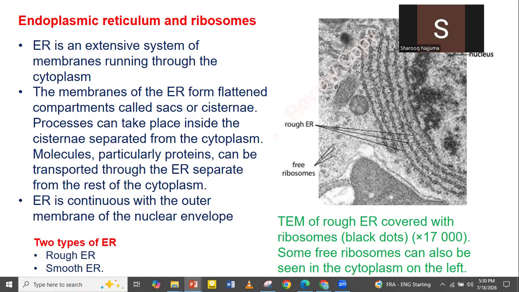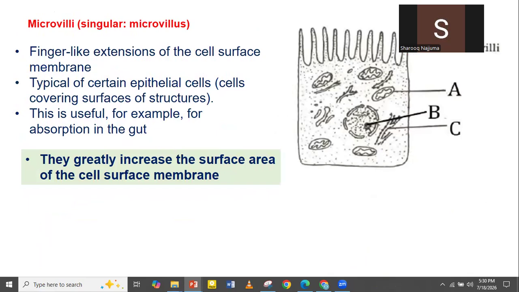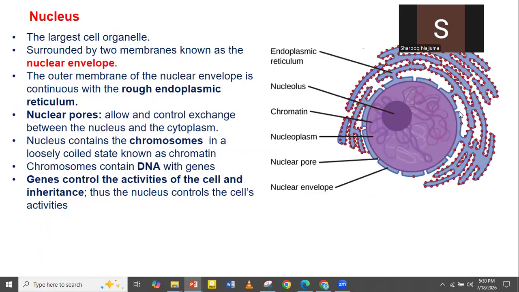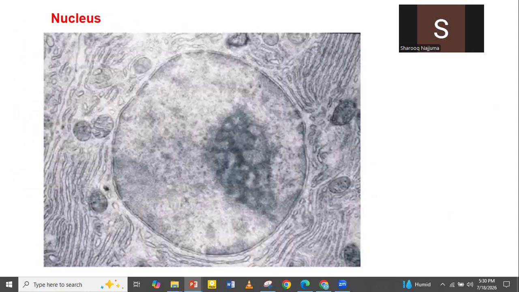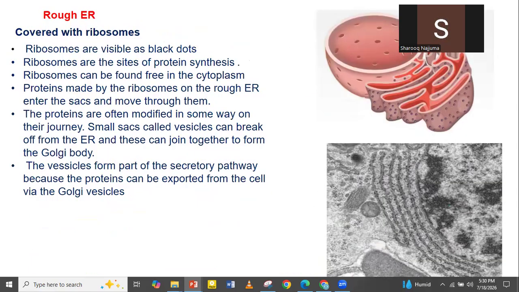And maybe just going back to this diagram here. This is the endoplasmic reticulum. We have seen that it's an extension of the nuclear membrane. But sometimes it can still exist within a cell and it's not extending from the nuclear membrane. Yes.